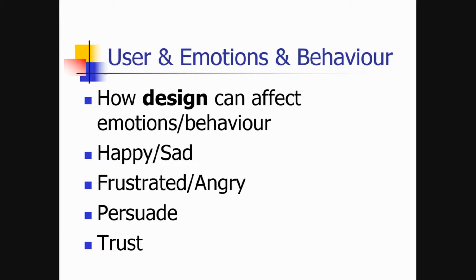We're really looking at user emotions and behaviour and how various designs can affect them. It could be happiness, sadness, and many other emotions such as frustration and anger. Why do people get angry when they're interacting maybe with an interface or with a table or a door? What are those emotions going through their mind?